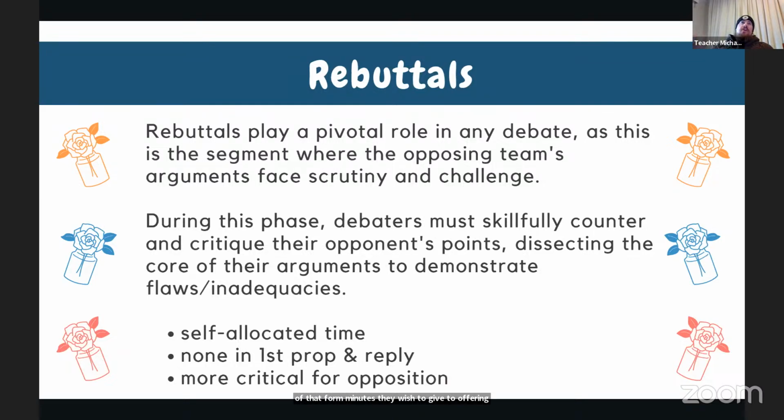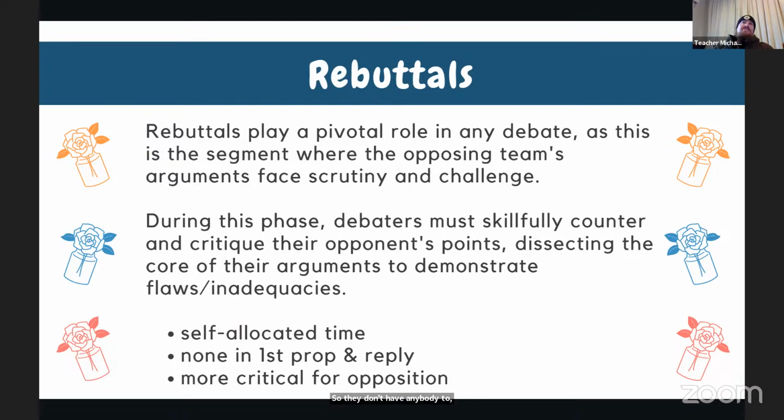The further a debate goes, the more time out of that 4 minutes you may wish to give to your rebuttals. So the first proposition speaker doesn't need to worry about it because they're the first person to speak, so they don't have anybody to rebut against.